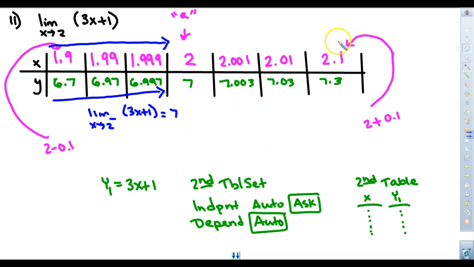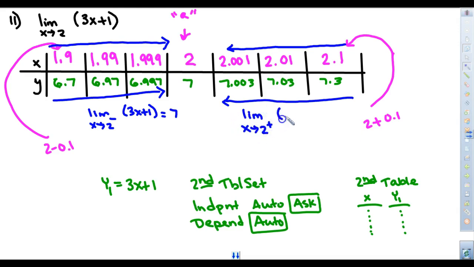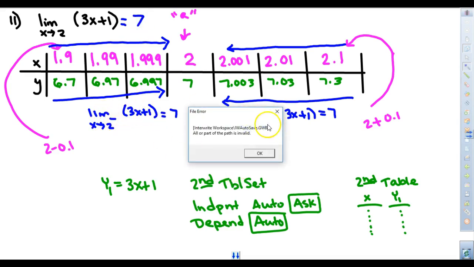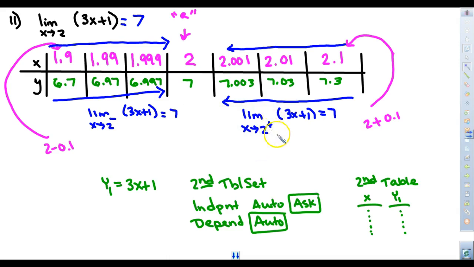Then ask yourself the same question over here. As X approaches 2 from the right, what is Y approaching? It's also approaching 7, isn't it? So the limit as X approaches 2 of 3x plus 1 is equal to 7, because if your limit from the left is the same as your limit from the right, then your limit exists.